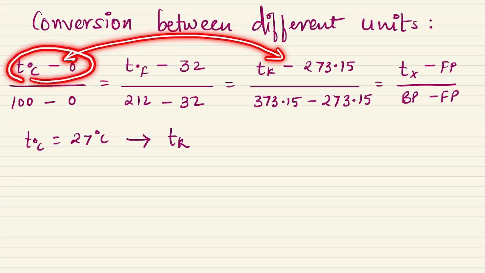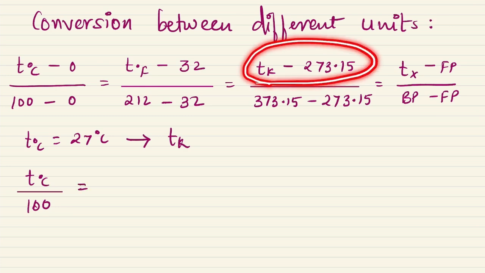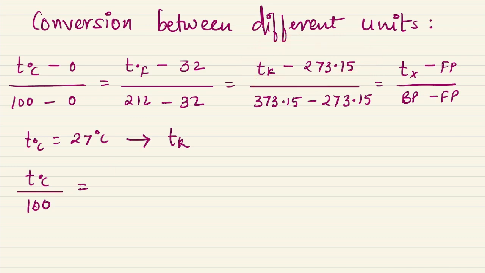Temperature in Celsius minus 0 gives temperature in Celsius, upon 100 minus 0, which is 100. Then, using this one, temperature in Kelvin minus 273.15.